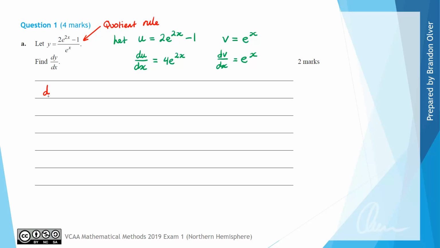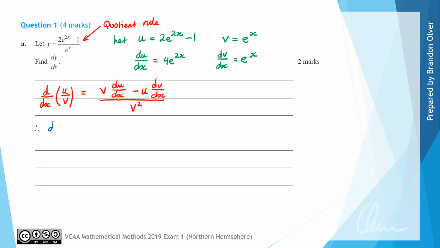From the formula sheet we know the derivative d/dx of u divided by v is equal to v times du/dx minus u times dv/dx, all divided by v squared.